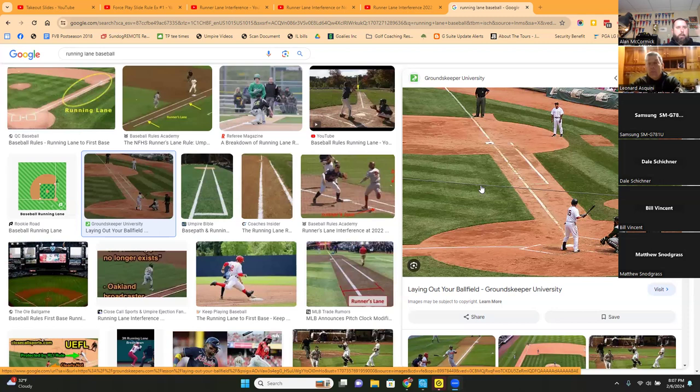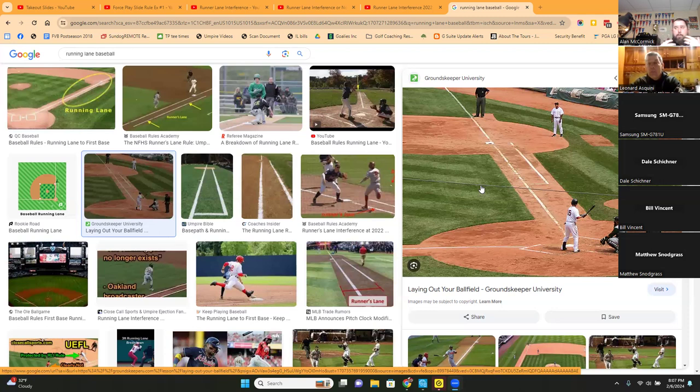They expanded the running lane from that outside 3 feet right of the foul line to the dirt running lane. Interesting. It doesn't affect anything we do on our games. The rule doesn't change at all, but people are going to see that rule change, and they're going to see it called differently on TV, and it's going to make our life harder.